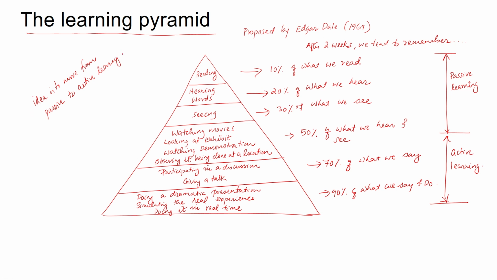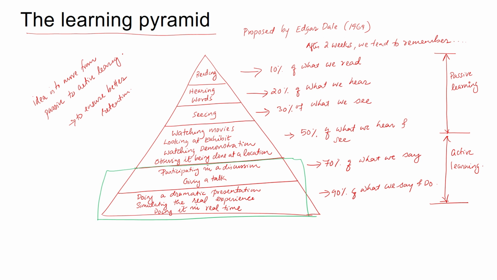Why do we do that? To ensure better retention. So, our interest is in this portion of learning. That is where we are interested in being part of it. So, we try to do everything in this course from here onwards in the active learning domain.